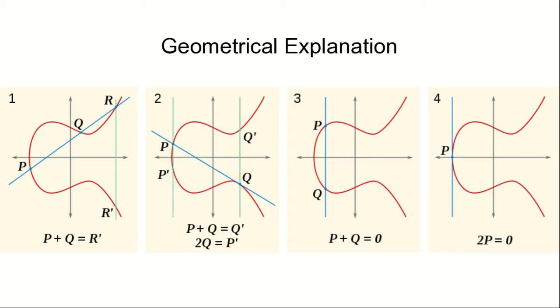We denote the point at infinity as 0. So P plus Q equals 0 and 2P equals 0.